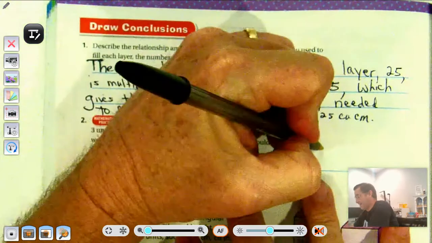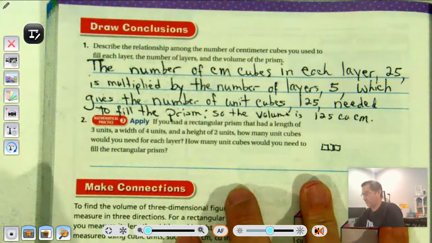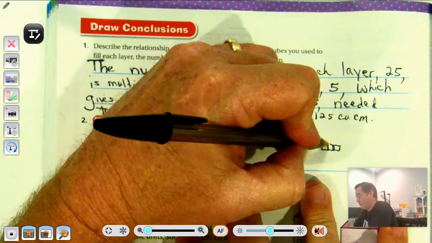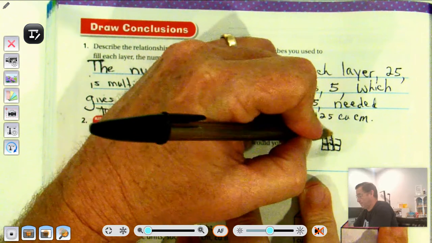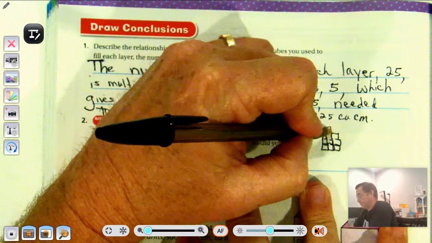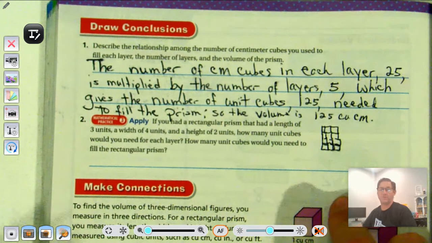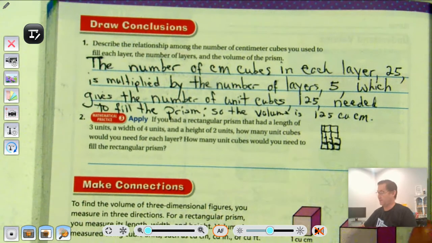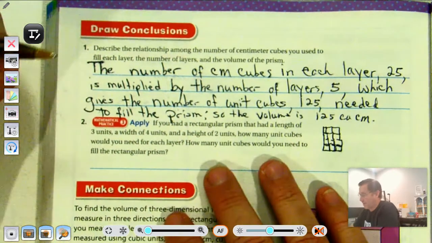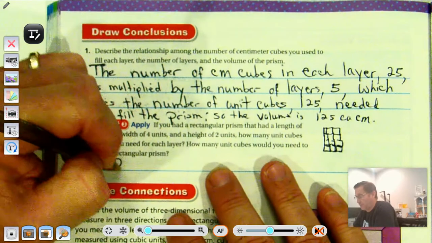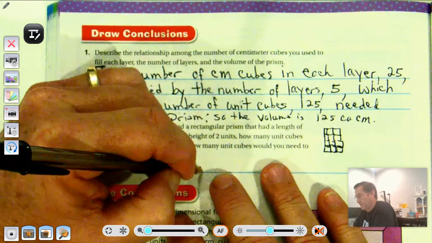Well, if we had a length of 3, right, and a width of 4, okay, so I have a 3 by 4, that's 12 units, right? And if we had 2 units tall, it would be 24. So how many cubes do I need for each layer? 12 units for each layer.